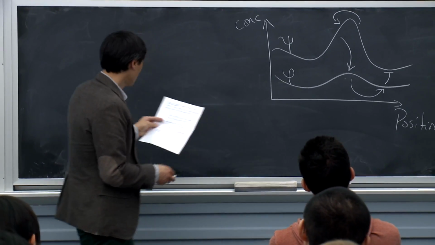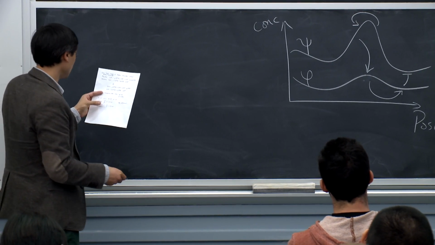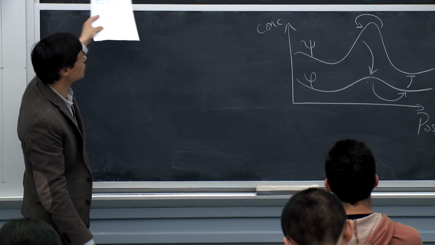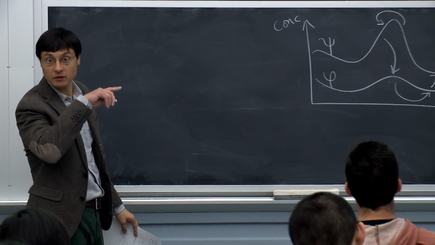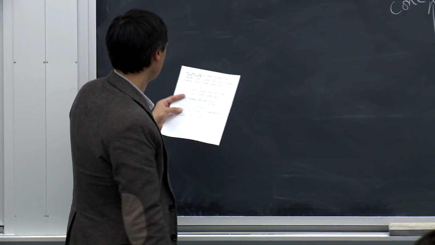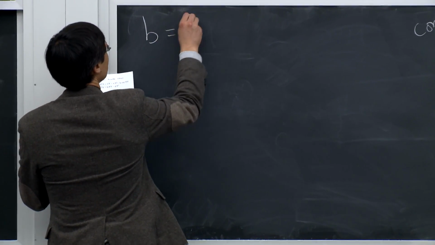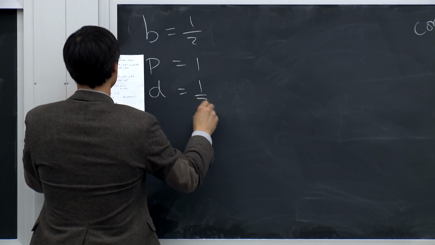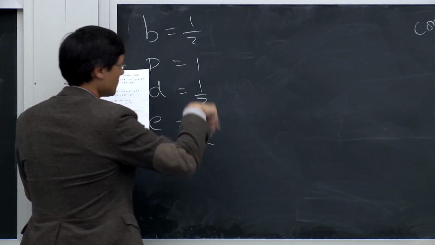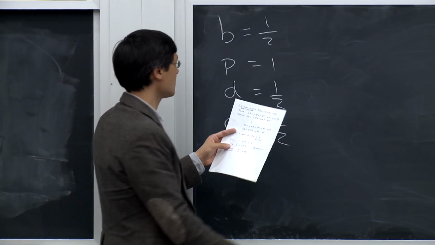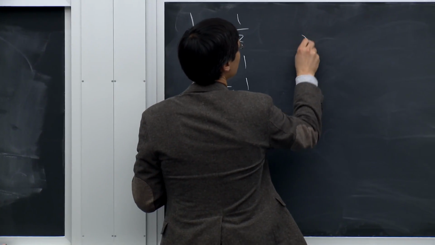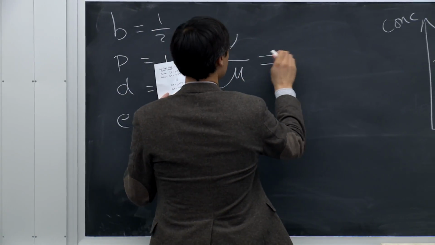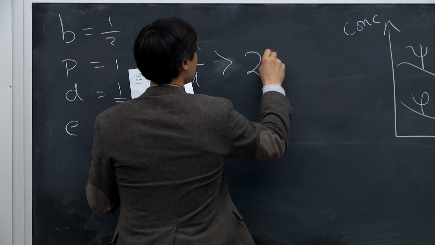But you can actually do this calculation analytically and derive in this model the condition for Turing patterns to emerge as a function of everything. For example, if you have b equal to one half, and so on, order unity type parameters, then the requirement to get Turing patterns is that nu over mu must be greater than 27.8.